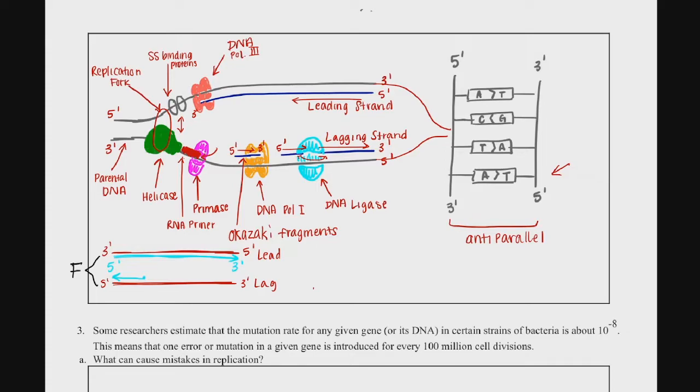It's just that one side can be done all the way through because it's going from 5' to 3', and this is unwinding that way. So as it's unwinding, it can keep going down that way, 5' to 3', just continuous. But because it's unwinding that way, and this is the opposite direction, it'll start here and try to keep going, but then it'll have to stop because it's not completely unwound yet.